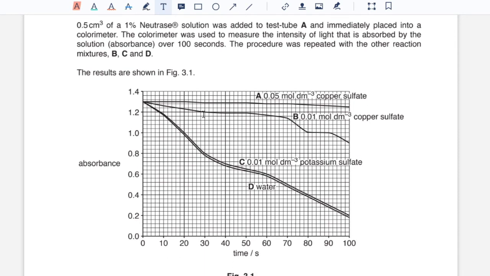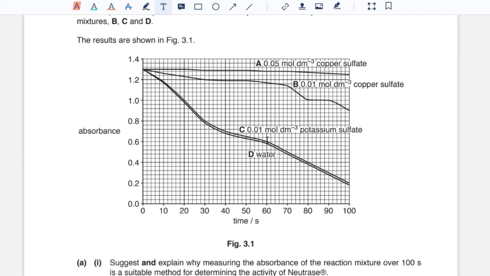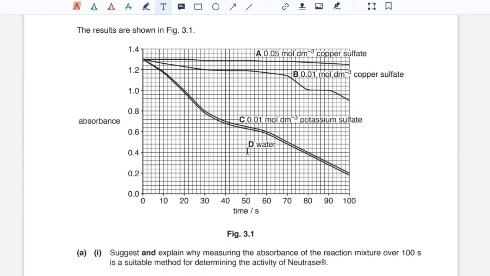As you can see in the graph, the greatest change in absorbance is in test tube D, which contained only water. Test tube C differs only a bit, which contains potassium sulfate, and A and B containing copper sulfate solution have the greatest difference from test tube D.